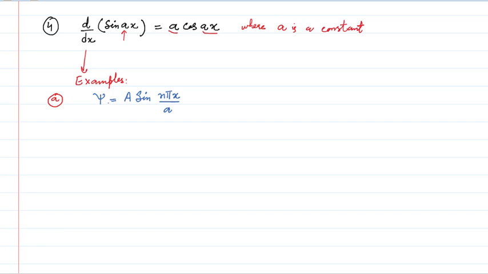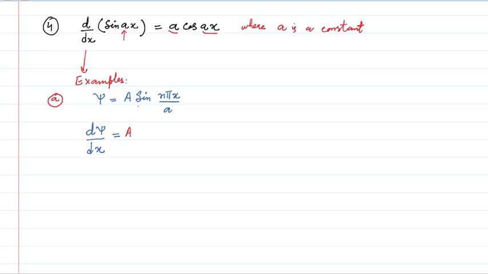So try to remember how to solve these equations, or how to take differentials of these equations. Suppose we have to differentiate this with respect to x, so we will write d psi upon dx is equal to, if you compare this, this a is already some constant, we will write it first, so we don't have to do anything with that.